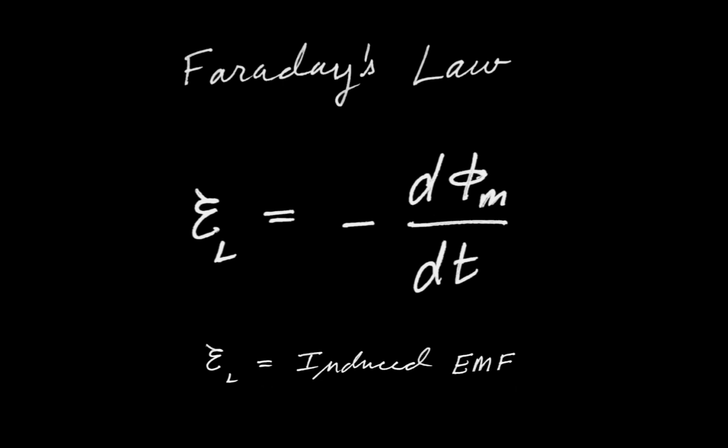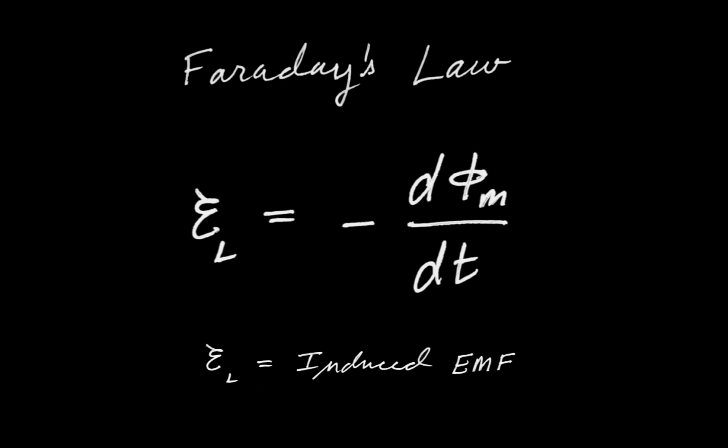And yet it seems like there is an EMF that is simply created by the changing magnetic field in the vicinity of the loop. Therefore, much like induced charge that we discussed early in our study of electrostatics, we refer to this as induced EMF. EMF that is created by the changing magnetic field.